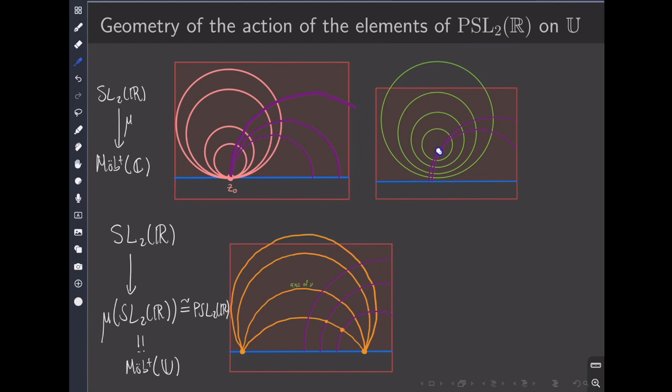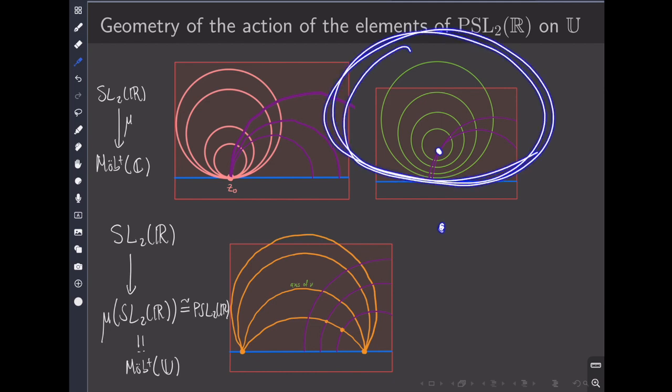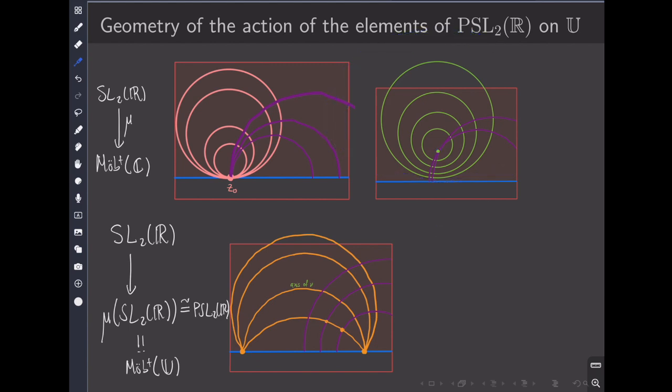So here you would see one fixed point, and the other fixed point of the elliptic transformation would be the conjugate complex number. Then the elliptic transformation behaves, with respect to these circles, which are Apollonius circles of the two fixed points, like a rotation on the ones contained in U, either clockwise or counterclockwise.